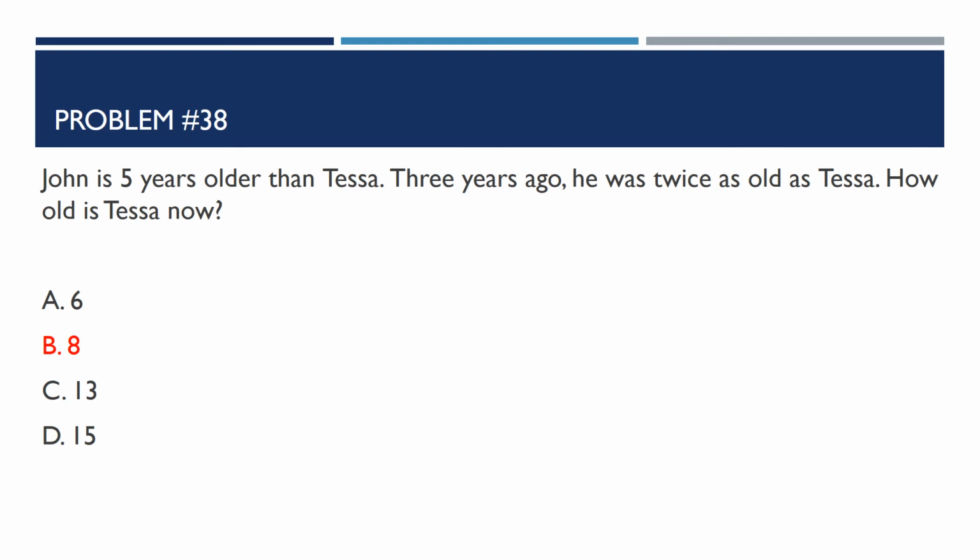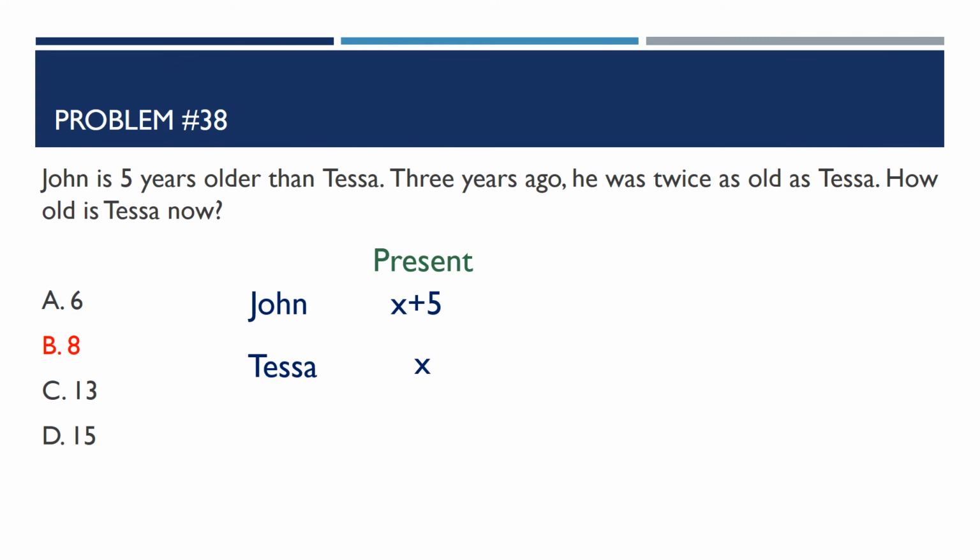So first, we are going to construct a table that will help us analyze this problem. We're going to put their names, John and Tessa, and the next column will be for the present age. For Tessa, we will denote it as x, and for John, since it's given that he is 5 years older than Tessa, it will be x plus 5.